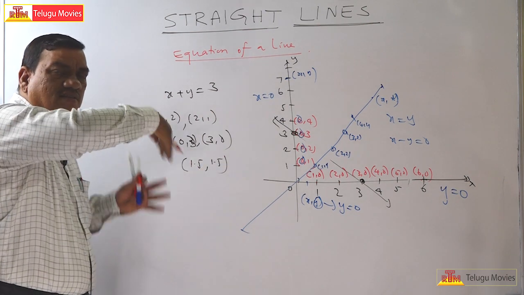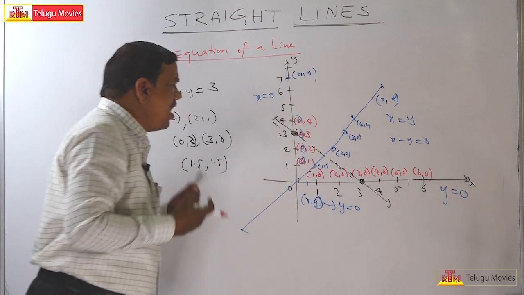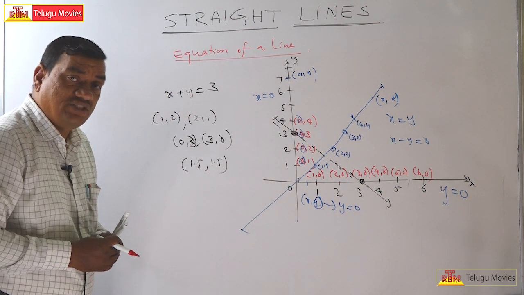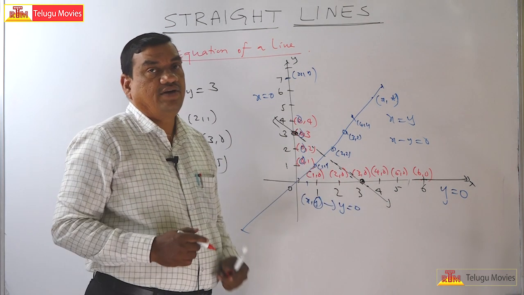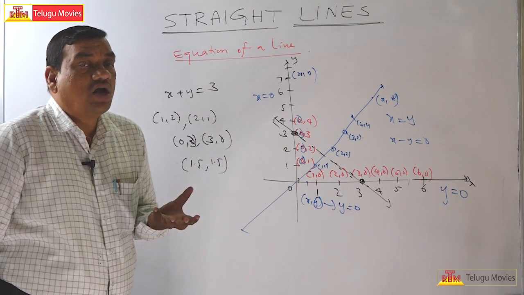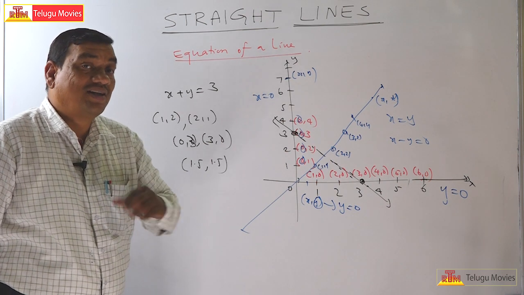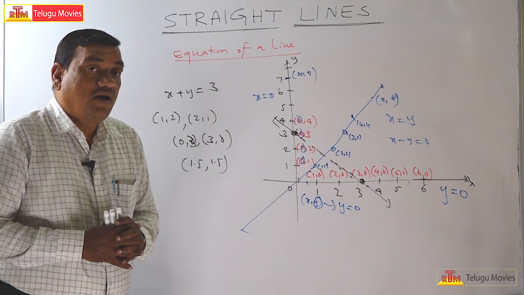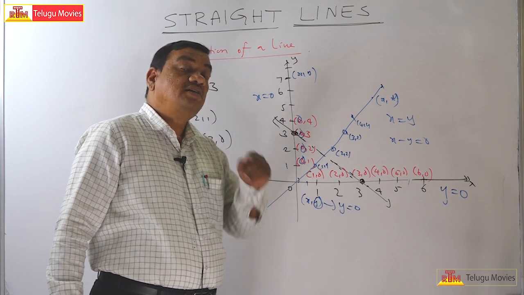All the points lie on this line. So all the points which satisfy the condition x plus y is equal to 3 belong to this line. So the line equation gives the common characteristic that is satisfied by all the points on that line.